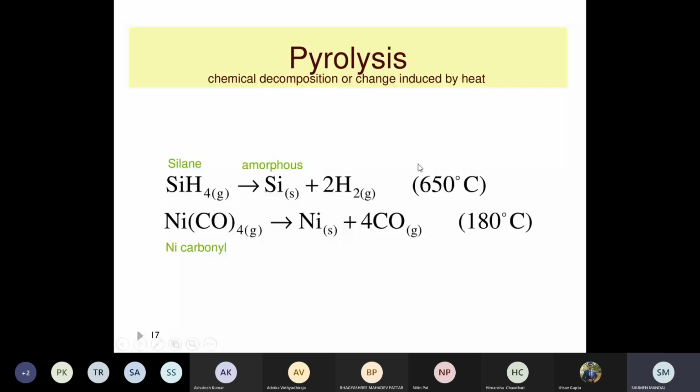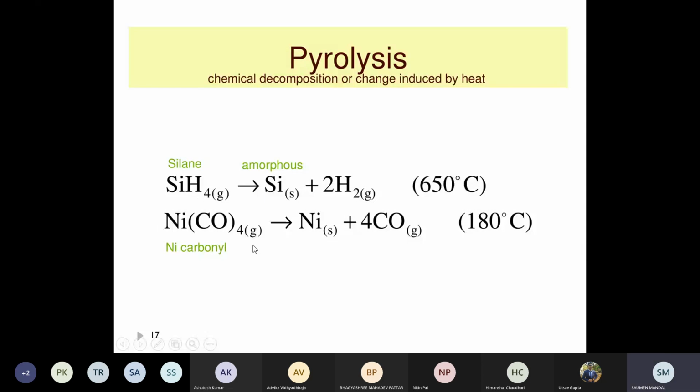Pyrolysis. The name itself is telling: decomposition with temperature. Chemical decomposition or changes induced by heat. Pyro means heat and lysis means decomposition. So this SiH4, that is called silane, at 650 degrees Celsius, you can see that amorphous silicon is deposited, and this H2 is a byproduct, it will go out.